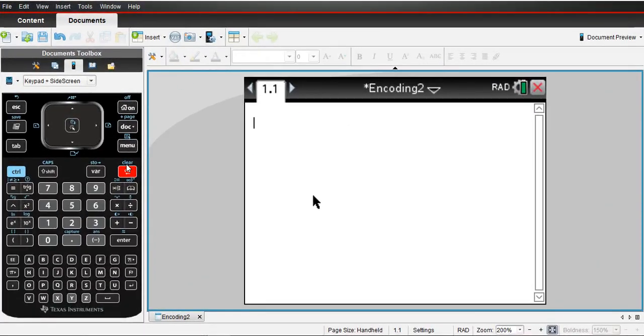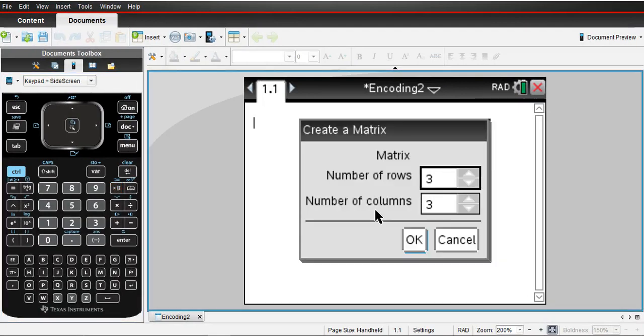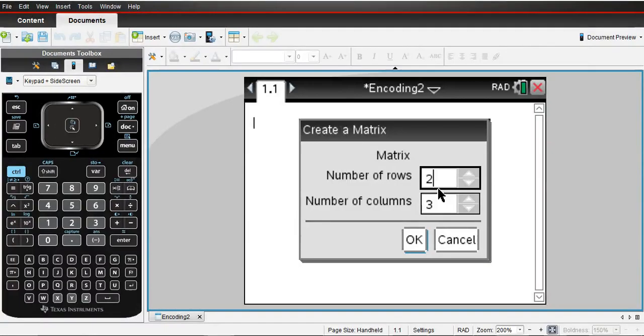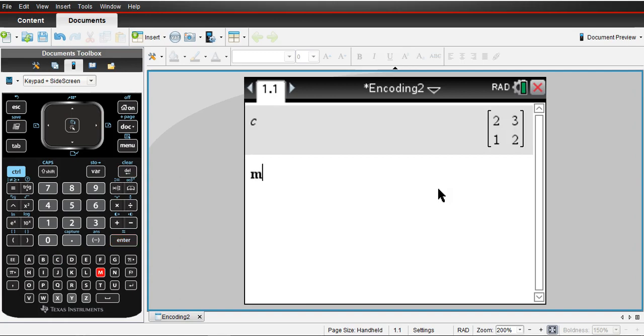Same thing for the 2x8 matrix. Go with this option because it lets you make whatever matrix you want. So we have 2 rows and 6 columns, and then just put your numbers in. I've already done it for you guys. So there's my C matrix. There's my encoded M matrix.